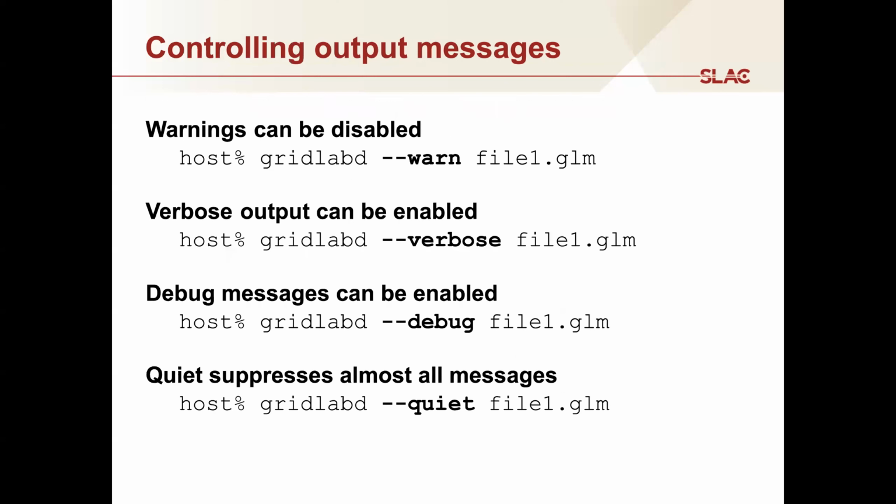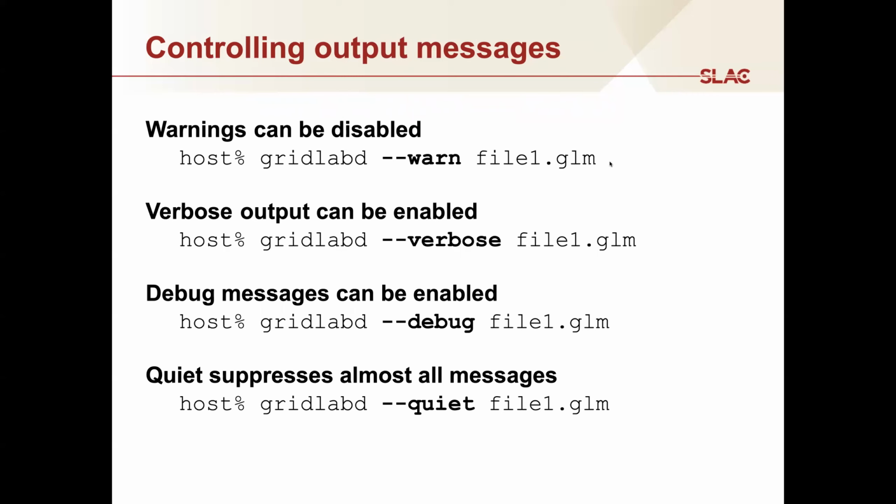So the way you control these, you can disable warnings by including the --warn flag on the command line. One important thing to note is that they are immediately implemented at the point in which they're encountered during the processing of the command line. So, for example, I can disable warnings, load the file, which means that any warnings that come out of loading would not be displayed.